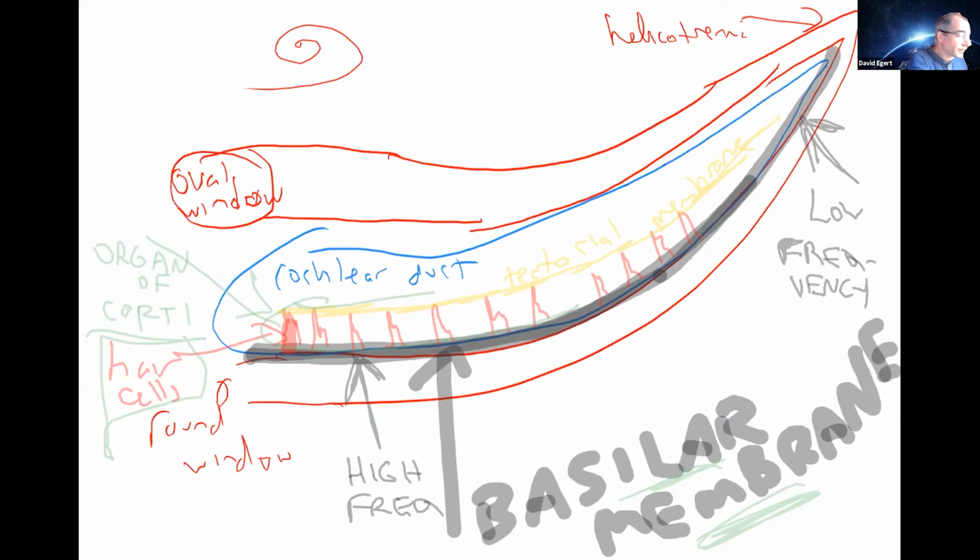This would be like near the round and oval window part. It naturally vibrates at high frequencies. Up near the helicotrema, it just naturally vibrates at lower frequencies.